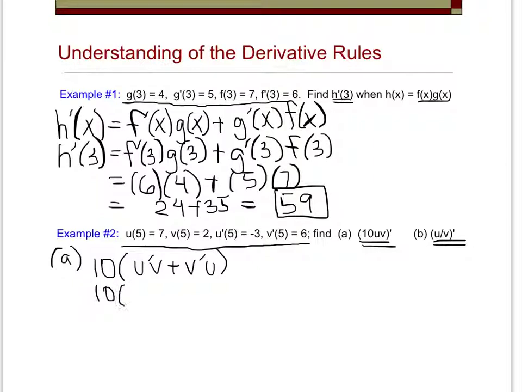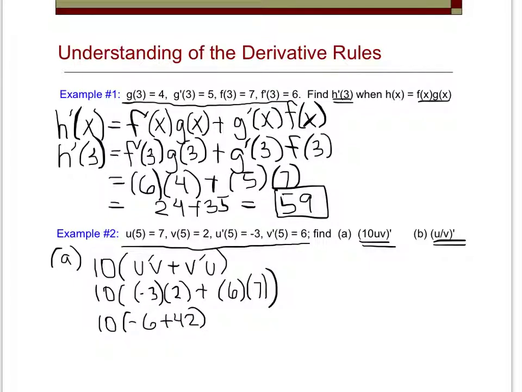So 10, the derivative of u at 5 is negative 3, and v at 5 is 2, and then the derivative of v at 5 is 6, and the value of u at 5 is 7. And now you just do your mathematics, and let's see, I believe we get 10 times negative 6 plus 42, so negative 6 plus 42 is 36, so we have 360.